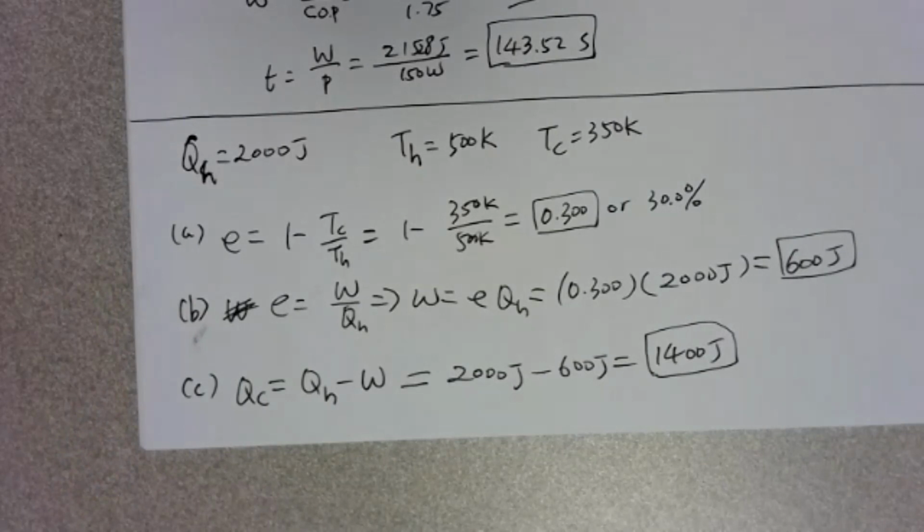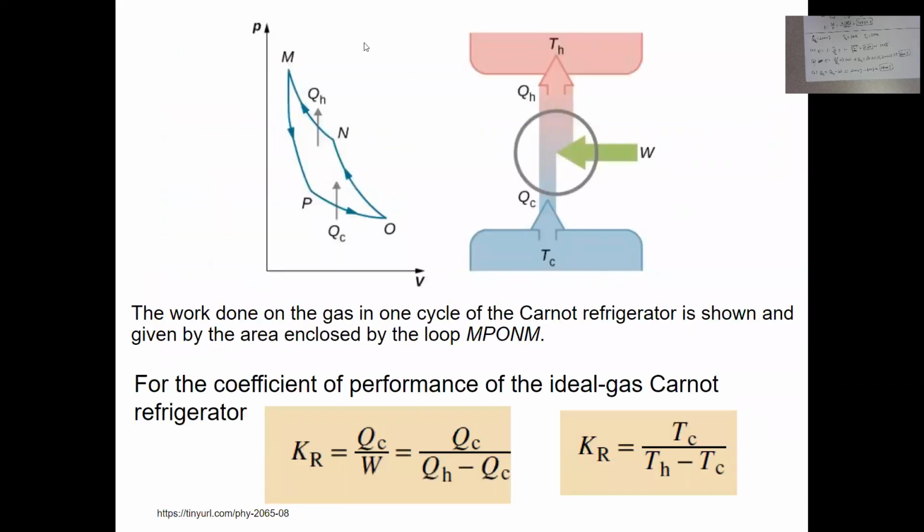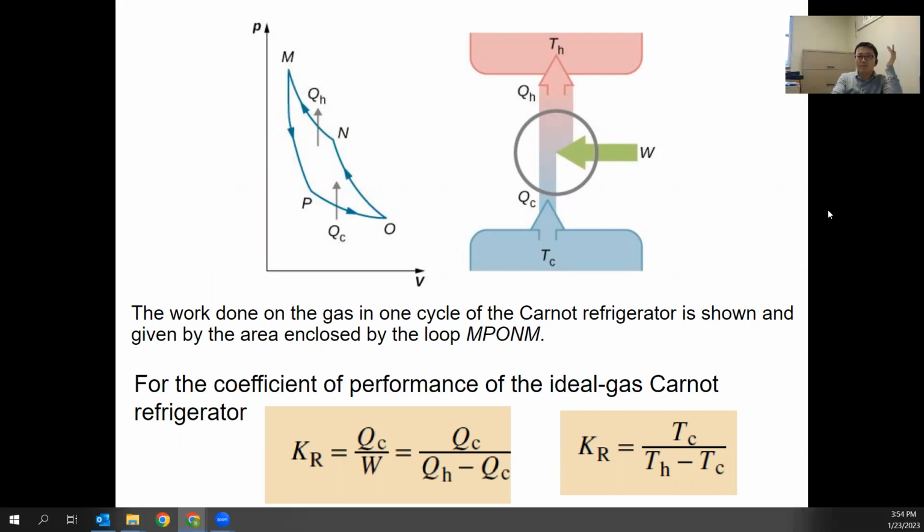Now back to the slide. The same goes for the AC, refrigerator and heat pump. For a refrigerator, if this is an ideal engine, we call it a Carnot refrigerator. Then the coefficient of performance for the refrigerator, K_R, is equal to how much heat it can absorb from the cold reservoir divided by the work.